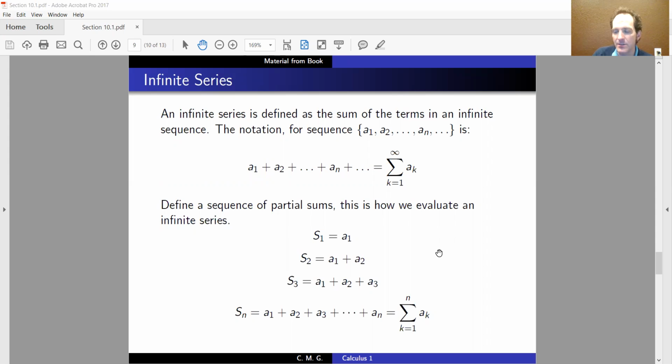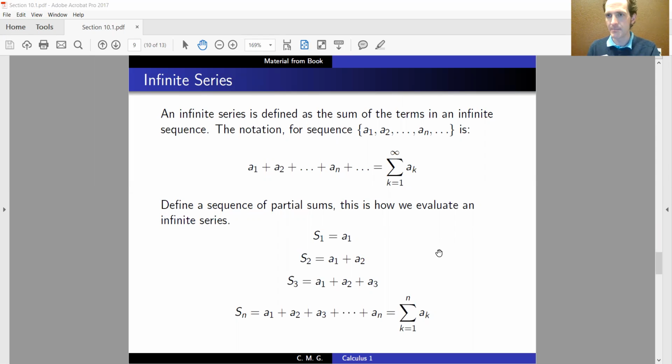And then what we do to find the value of this sum is we take the limit of what are called the partial sums. So I add 1 term, 2 terms, 3 terms, 4 terms, 5 terms, n terms, and I get a partial sum of this thing. And then I take the limit of the sequence of partial sums to find the value of the summation.